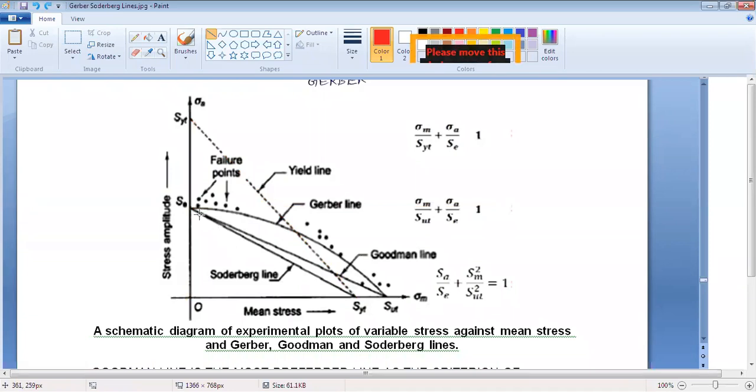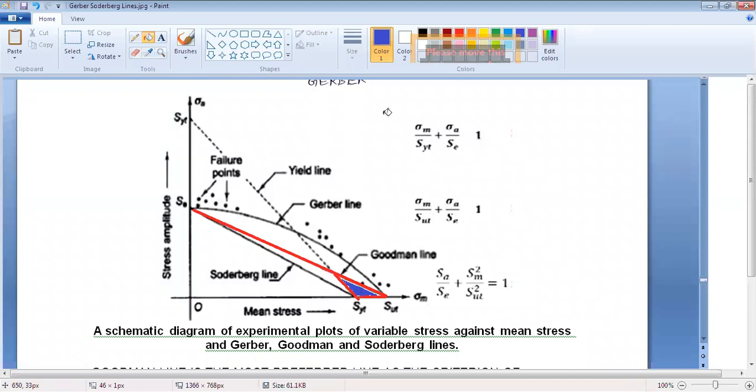Since we know this line is safe from the static load point of view, now this area, which I show in blue or purple color, is not safe, because it is safe from the point of fluctuating load, but it is not safe from the point of static load, because it is crossing SYT. So this purple area is not safe for our design.